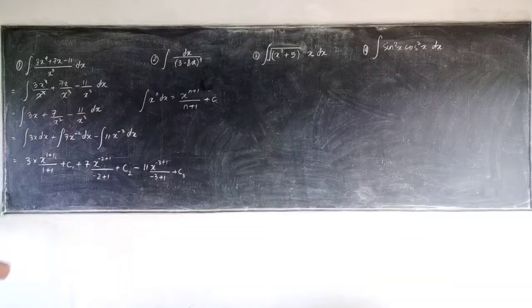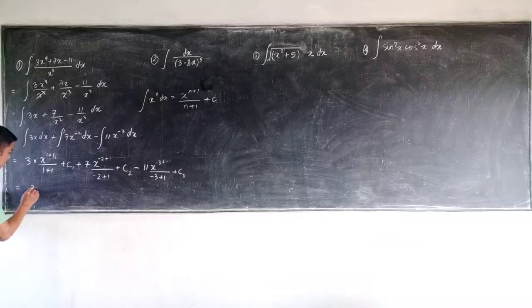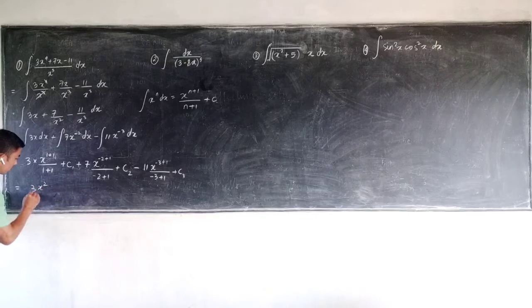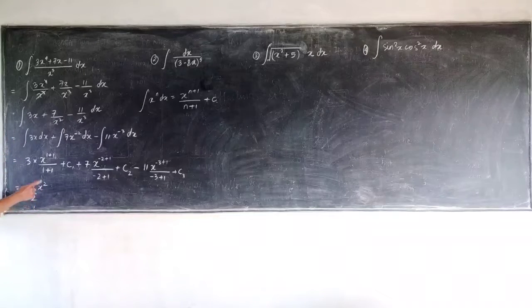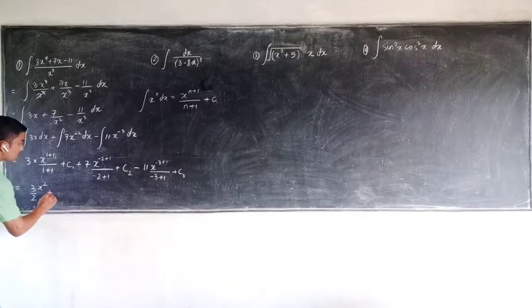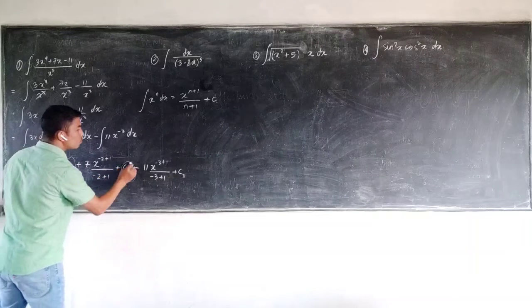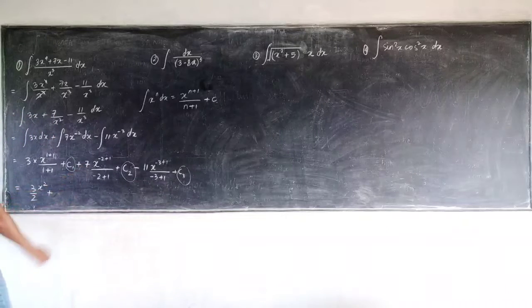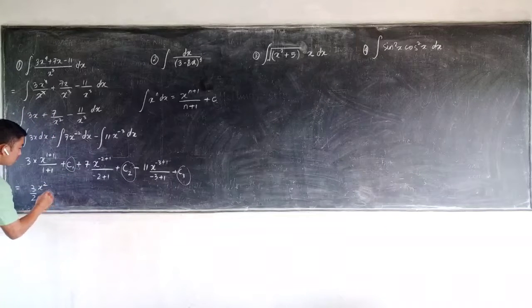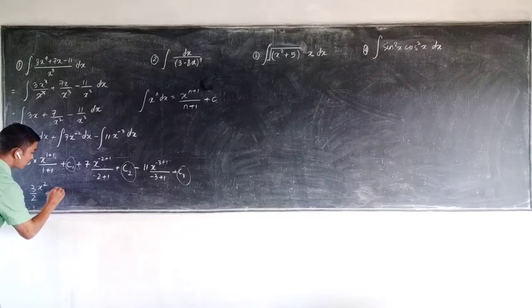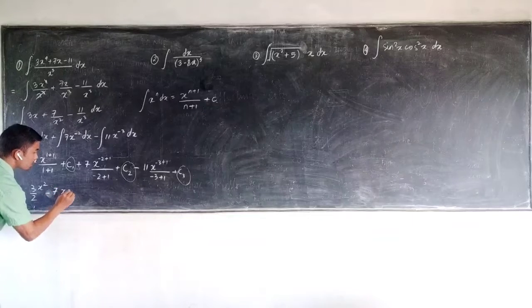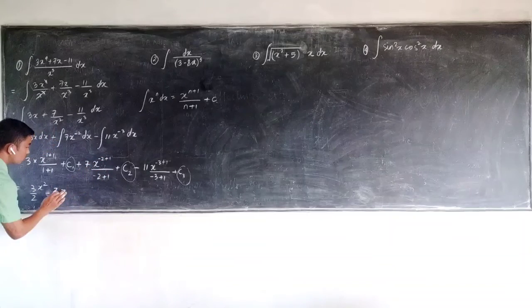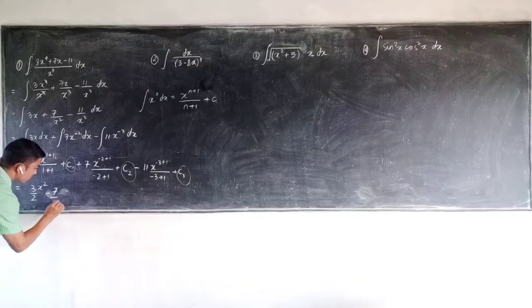On solving, what will I get? I'll get 3x square divided by 2, or I can write 3 by 2 x square, plus, now this c1, c2, c3, I'll combine and write as a capital C. The second term I'll get is minus 7 x to the power minus 1, so I'll write this as minus 7 divided by x.